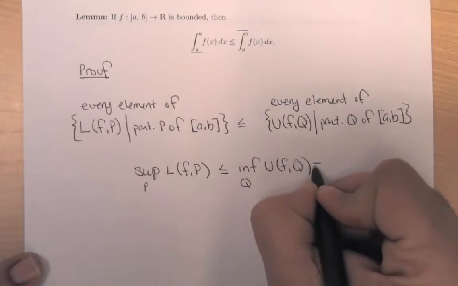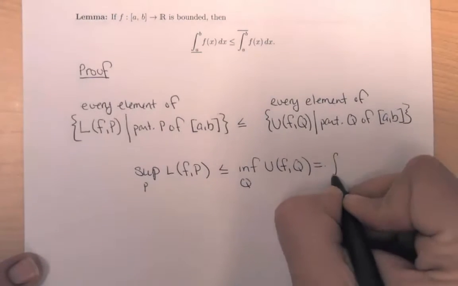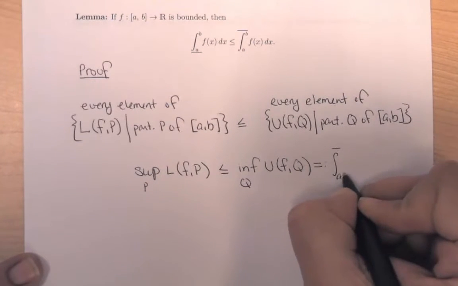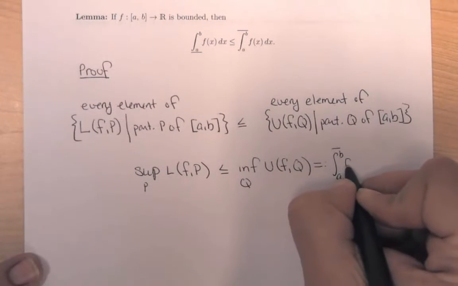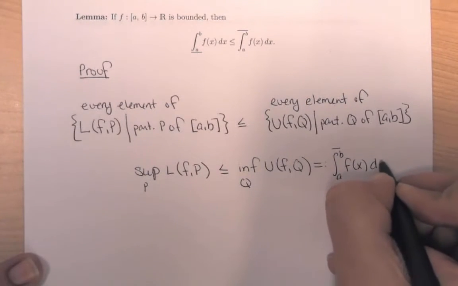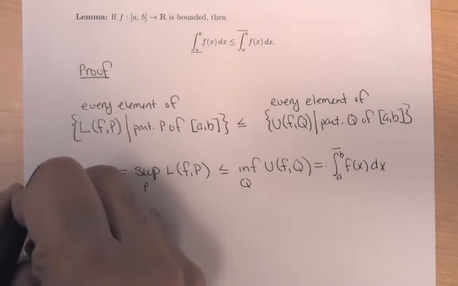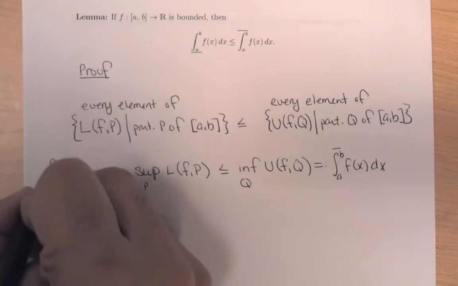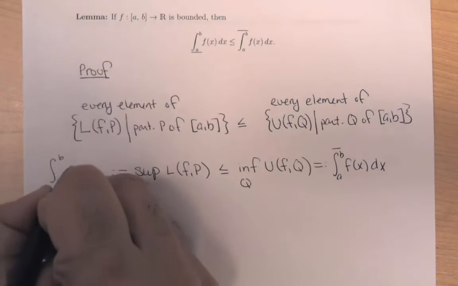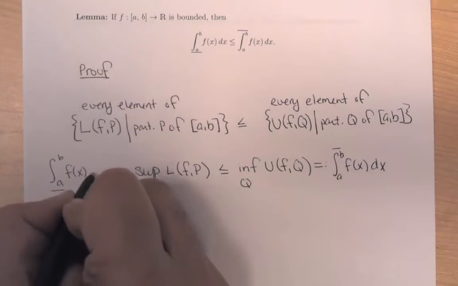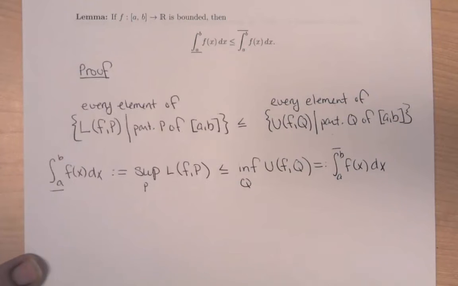And remember, this is the definition of the upper integral from A to B of f, and this is the definition of the lower integral of f of x from A to B. And that proves our result.